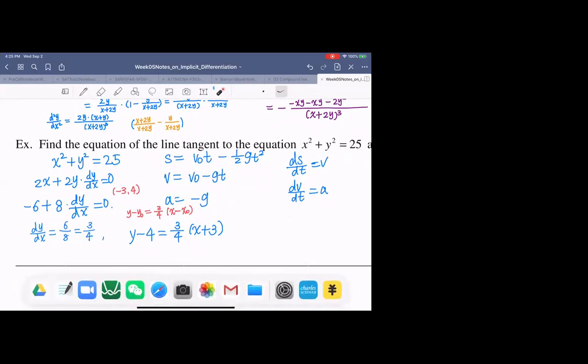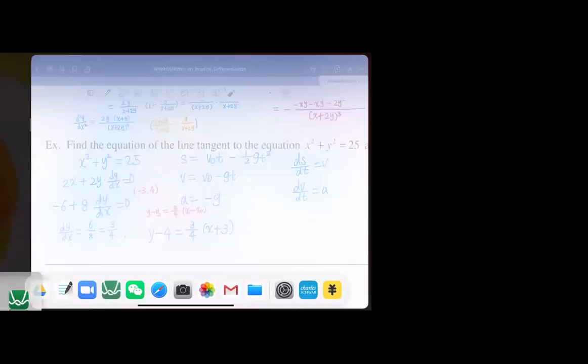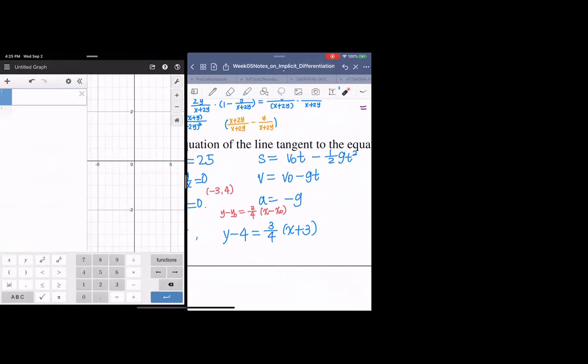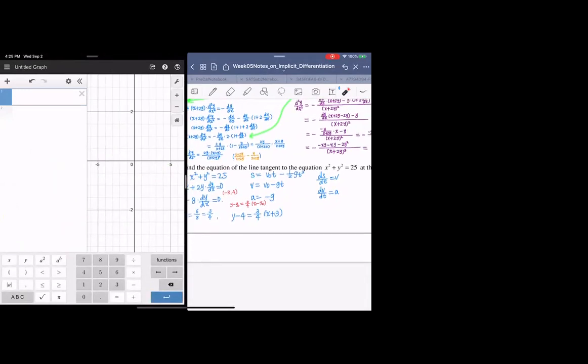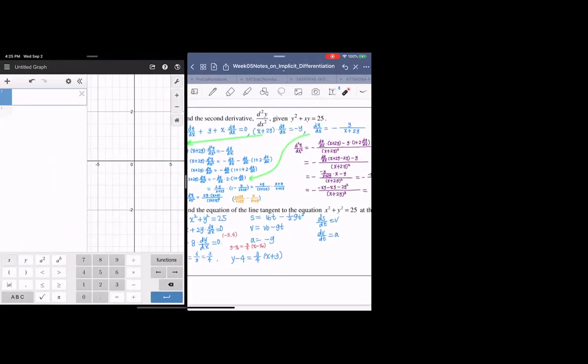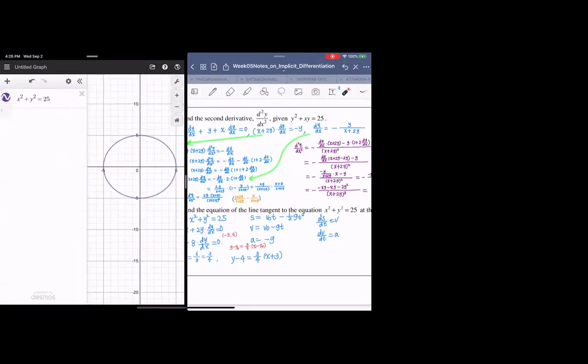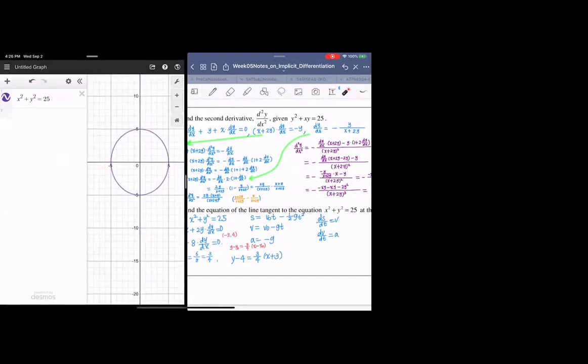Yeah, we can also use Desmos to help us verify our answer. So we can have x squared plus y squared. You can go ahead, type in your own Desmos app. So this is the circle standard equation.